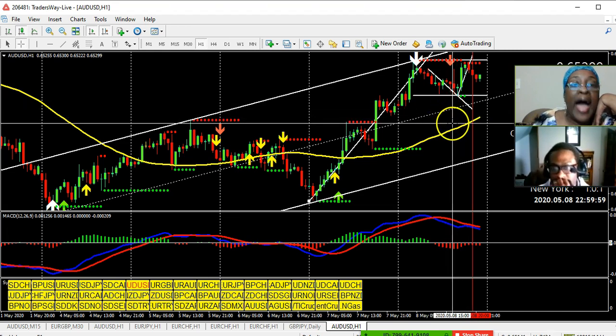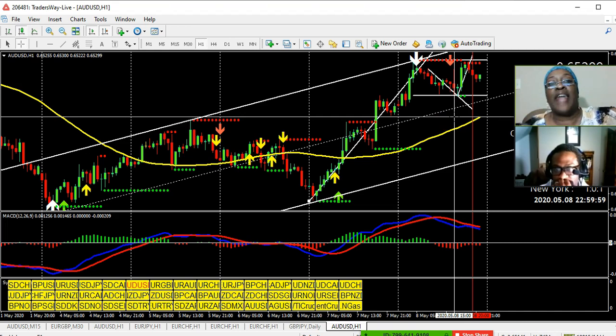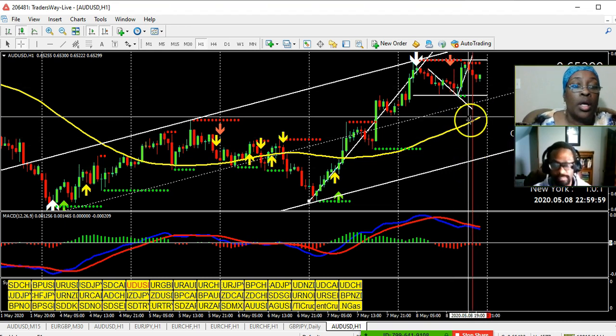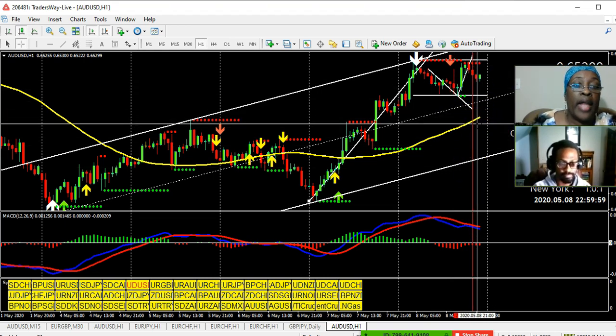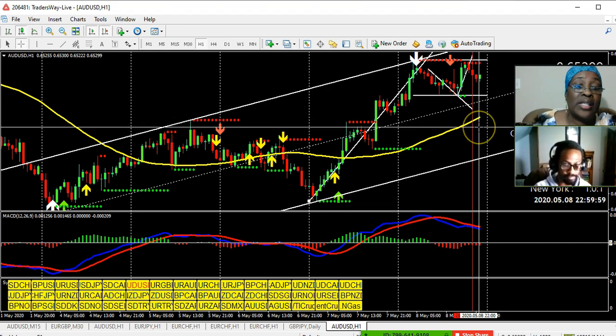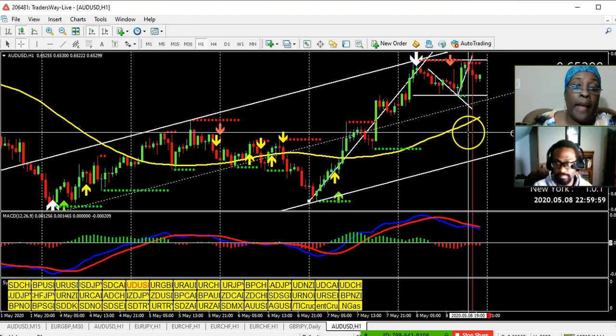So that's just kind of analyzing. Now, as far as the trading plan and how we determine to get in the position, we're going to wait until price crosses the 50 and closes below for a sell, above for a buy. Let me write that down real quick.